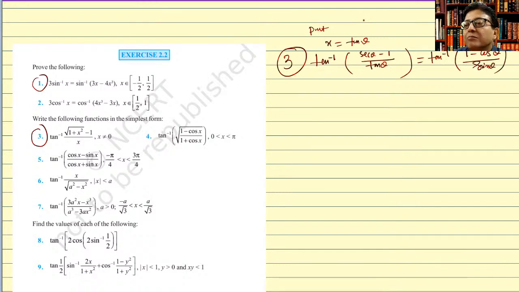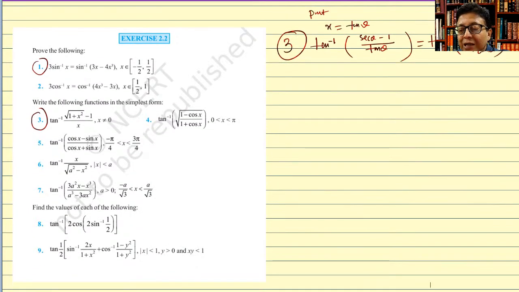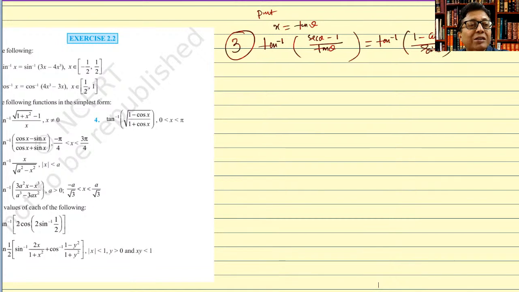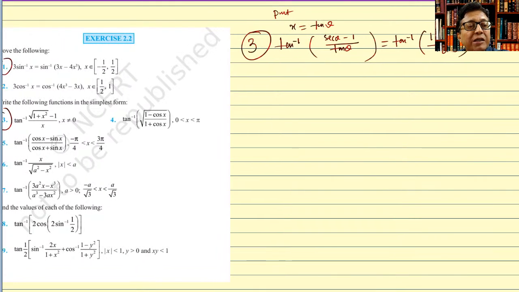Isn't it? Now what? 1 minus cos theta, you can easily write in the form 2 sine square theta by 2 for the sake of calculation. So you write tan inverse of 2 sine square theta by 2 over 2 sine theta by 2 cos theta by 2.